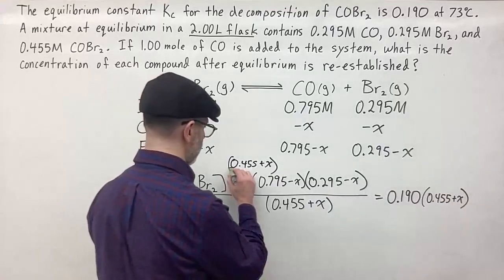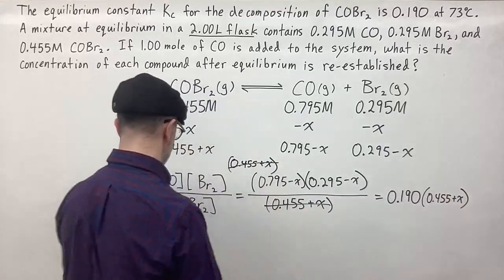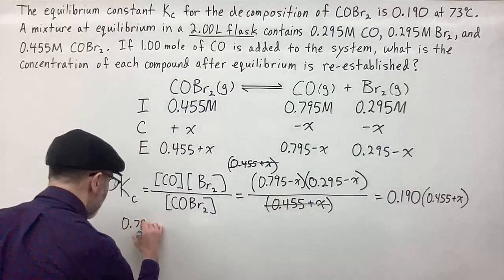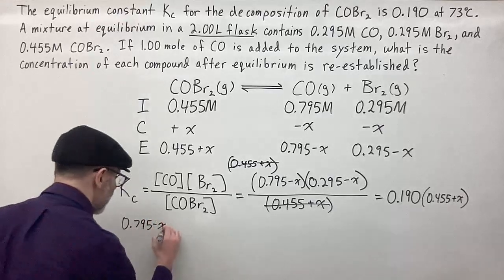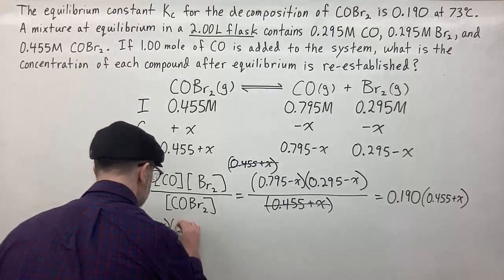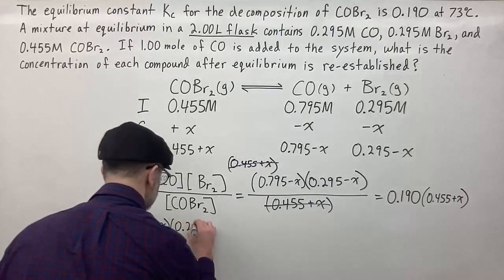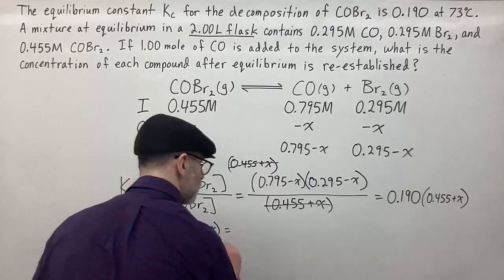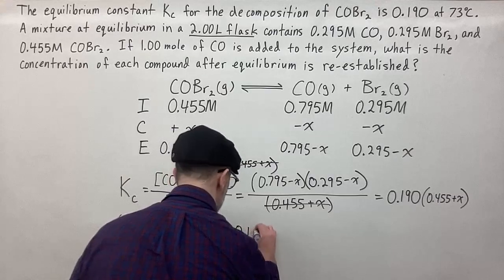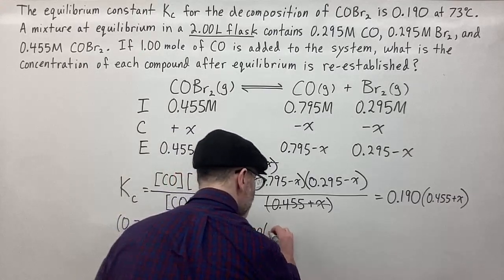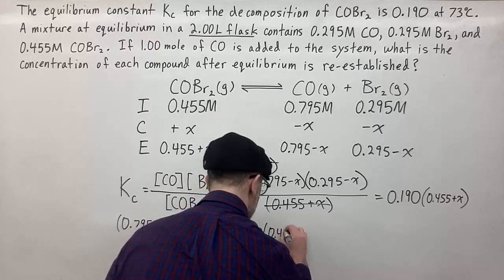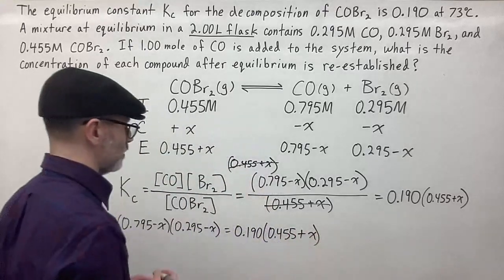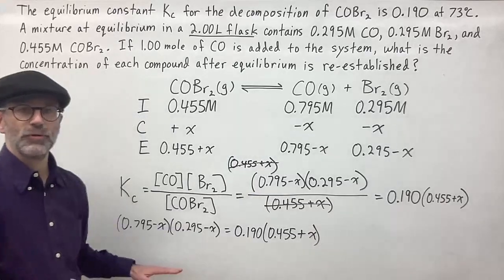All right, so then this cancels out here, and so I end up with 0.795 minus x multiplied by 0.295 minus x, and that's going to be equal to 0.190 times 0.455 plus x. All right, so I've simplified this.